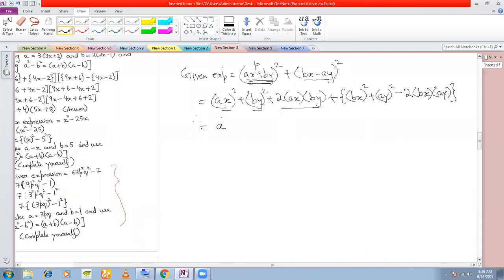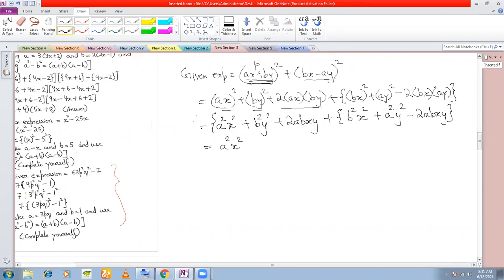Now you simplify. (ax) whole square is a square x square, (by) whole square is b square y square, and this is plus twice abxy. Plus, here you get again (bx) whole square is b square x square, (ay) whole square is a square y square, and this is minus twice abxy. Now you open the brackets.